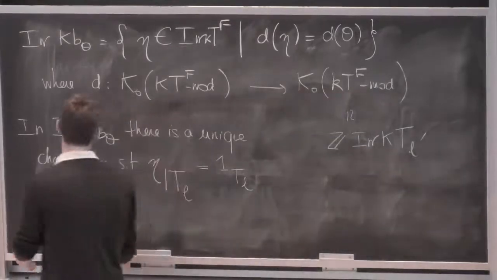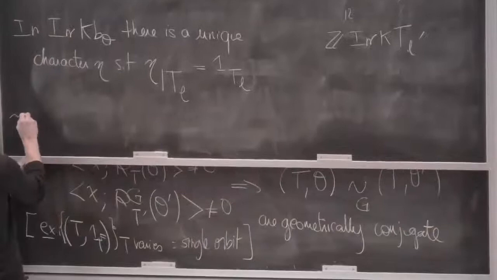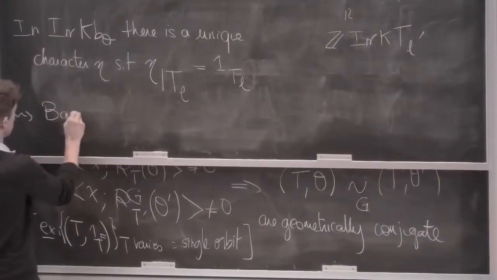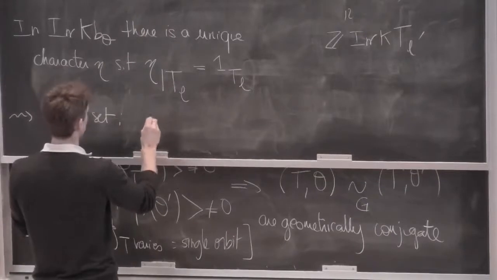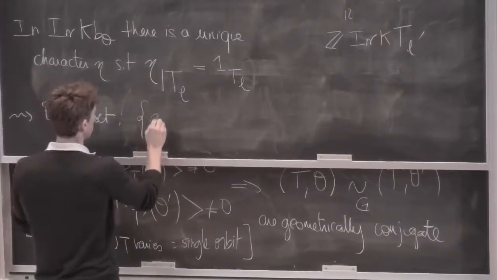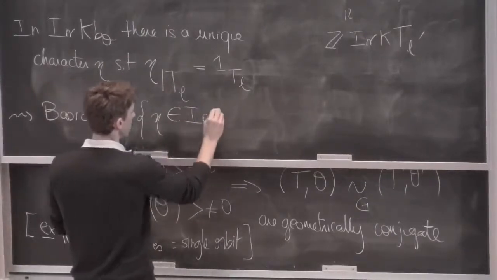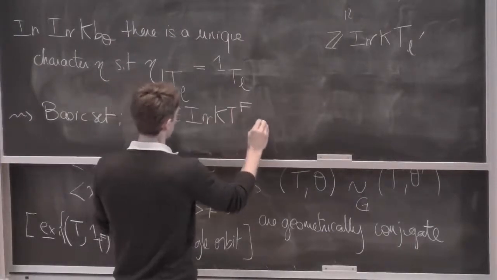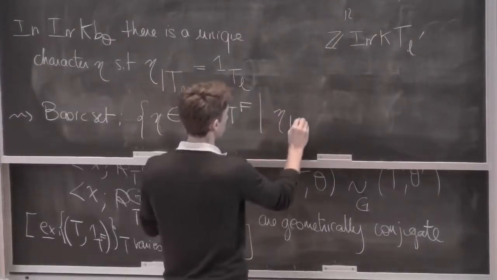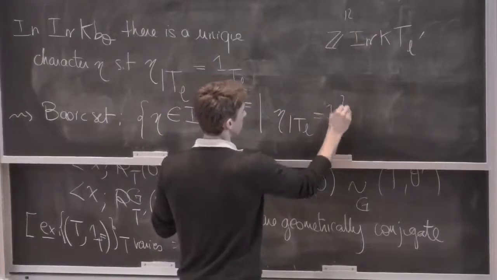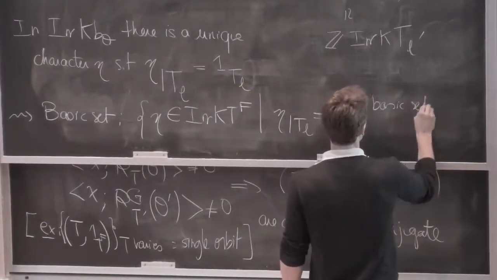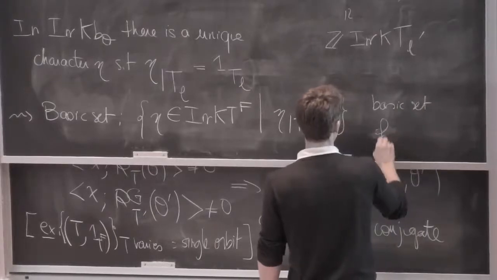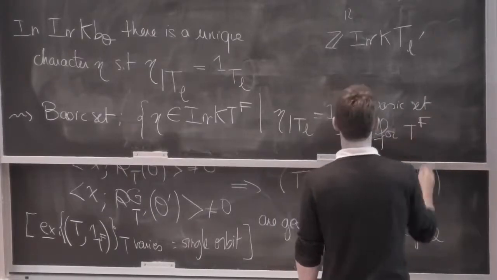And that gives you a basic set, which would be just the set of characters of TF such that the restriction is 1. So that's a basic set for TF, for the whole group.